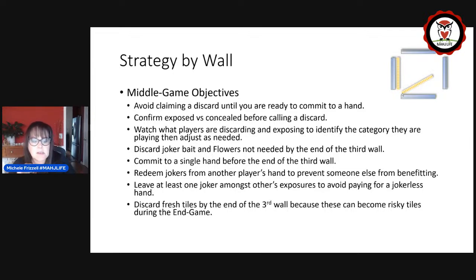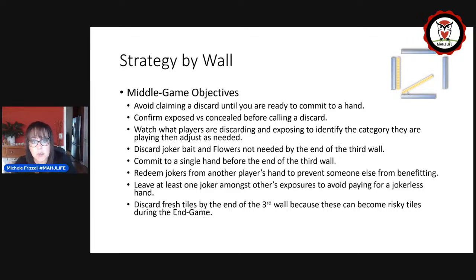All right, next, discard fresh tiles by the end of the third wall. So you really have to monitor the progress of the game, and right around the last pick of the wall, or maybe two picks before the end of the wall, that's when you want to discard your fresh tiles. The tiles up to that point, you might be able to use for joker exchanges if they haven't been exposed yet.